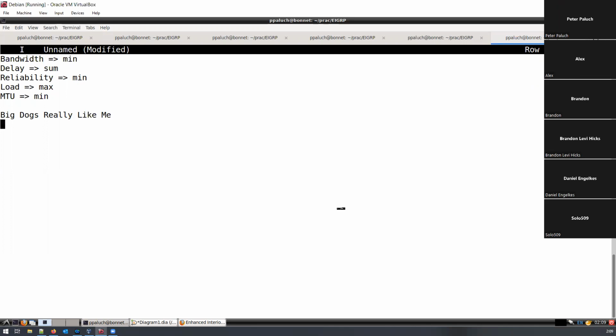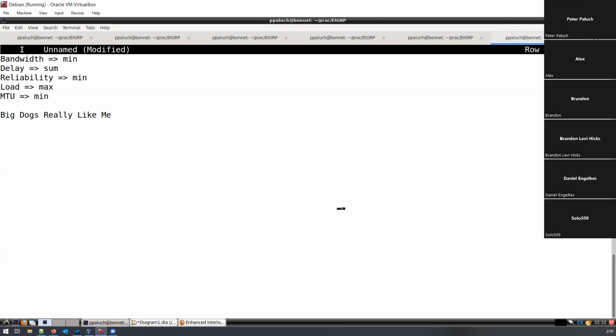And this thing is nice to remember, especially if you configure redistribution from another protocol into EIGRP, because then you're required to specify these 5 metrics, and they come in this order. First comes the bandwidth, then the delay, then the reliability, then the load and the MTU when you do the redistribution. So this is a nice way to remember just what are the 5 parameters and what's the order.